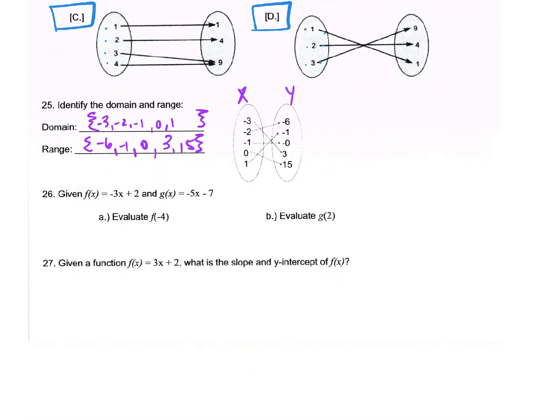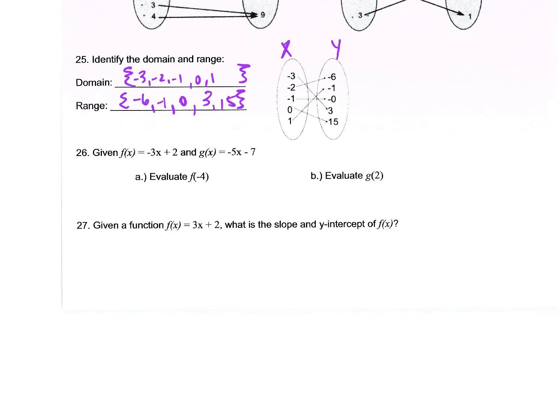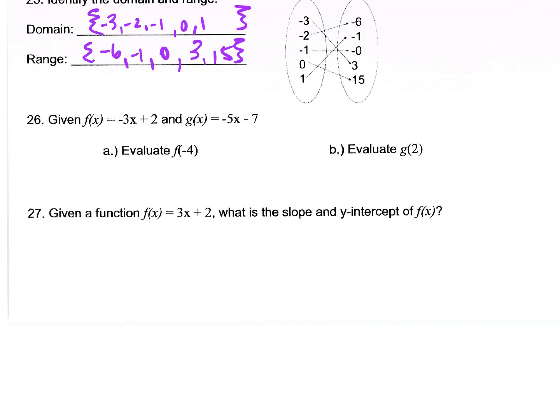26 and 27, this is function notation. For function notation, it's really the same as saying x equals a number, but it's written in a fancy way. So if we have, I'm going to enlarge this so we can see it a little bit better, evaluate f of -4, that means we plug in a -4 where we see x in the f function.